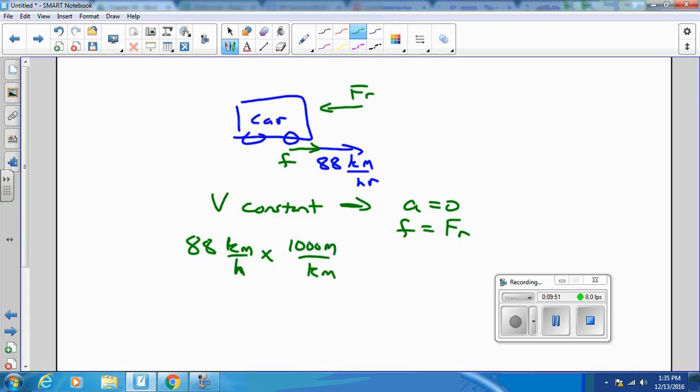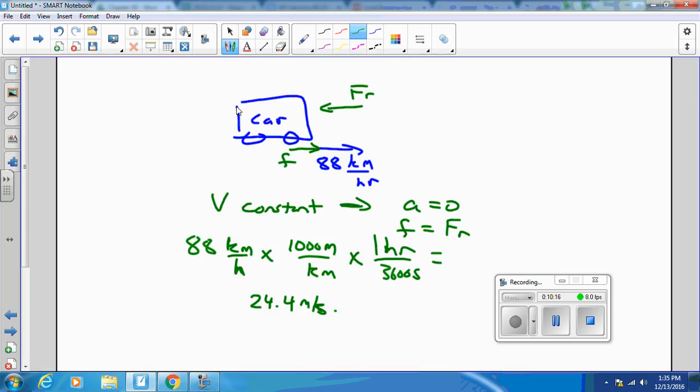So we do a little bit of converting. 1,000 meters an hour, 3,600 seconds. And so that gives us 24.4 meters per second.